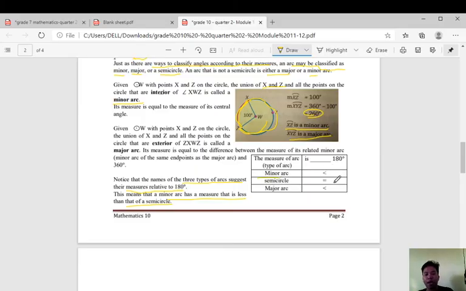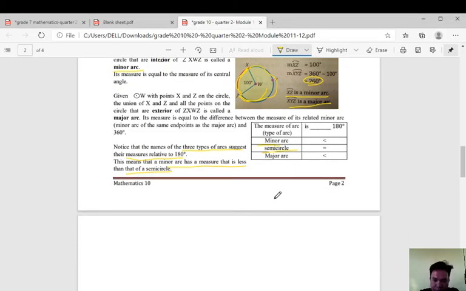If it is equal to 180 degrees, then that would be a semicircle. If it is greater than 180 degrees, and greater than a semicircle, then that would be a major arc.